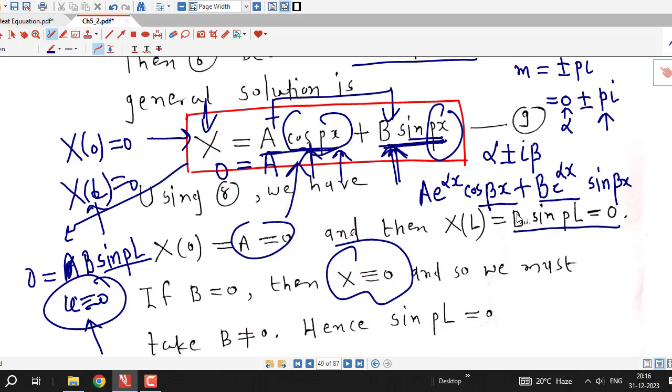So we must assume that B is non-zero, and because we have this product equal to 0, and if we take B non-zero, we must have sin pL equal to 0.